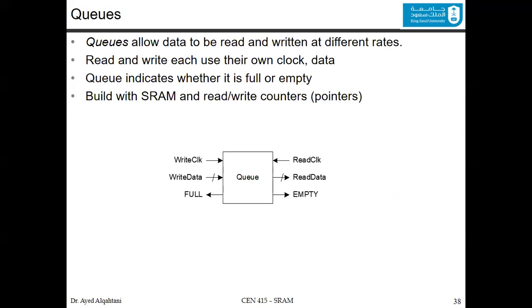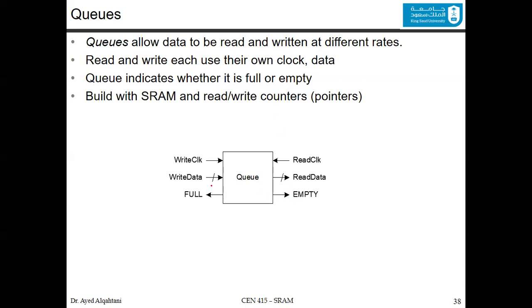Now the queues allow the data to be read and written at different rates. The read and write each use their own clock and data. So sometimes the read has a clock and the write has a different clock, and sometimes we have the same. The queue indicates whether it is empty or full by certain indications, like this one.